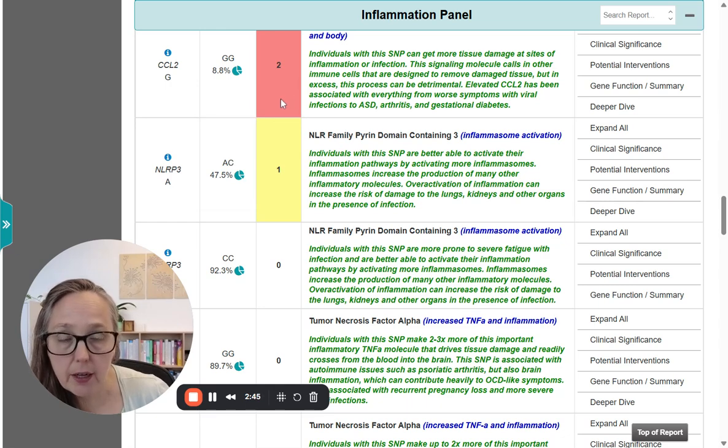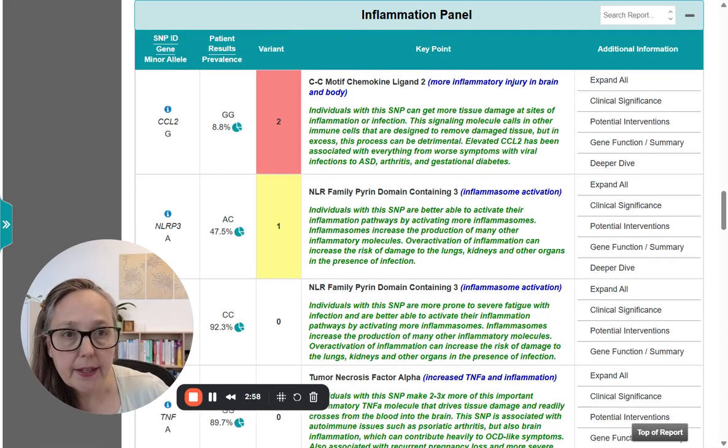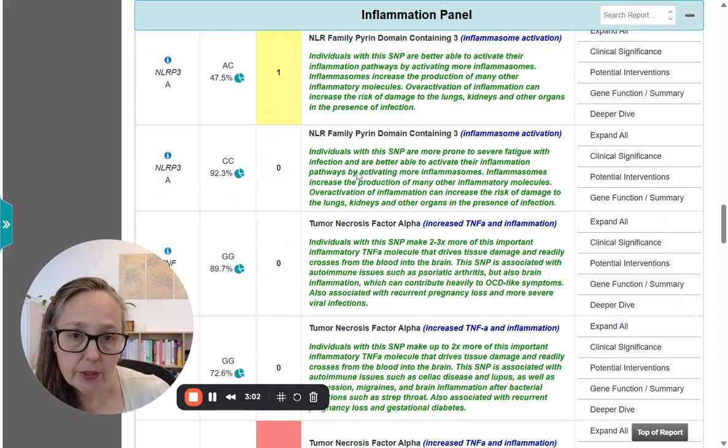This red color just means that it is a fairly clinically significant gene, that it leads to at least a doubling of your risk of a particular condition. And then you can find out more information about what that does and potential interventions.